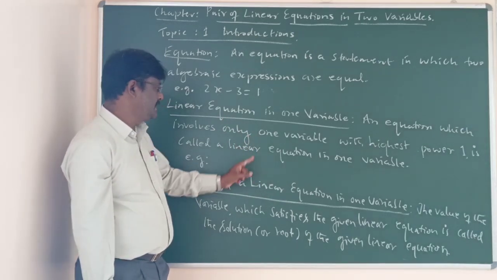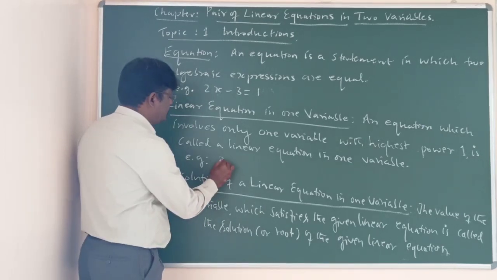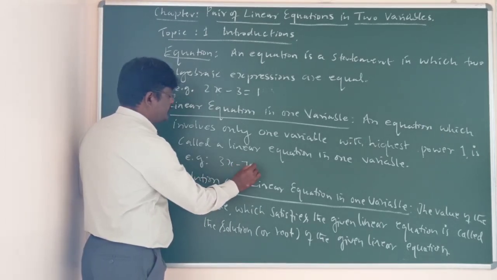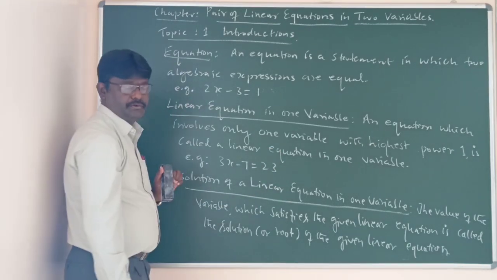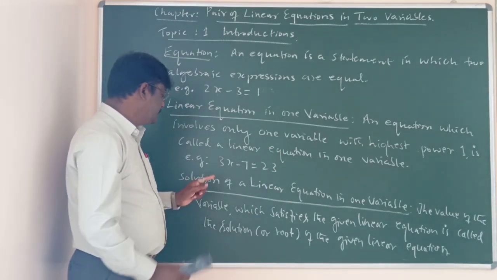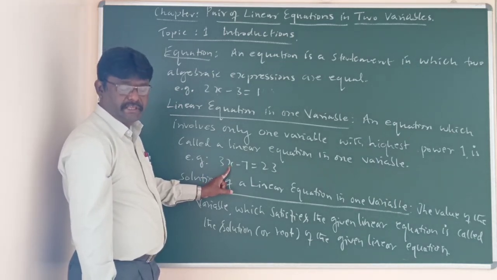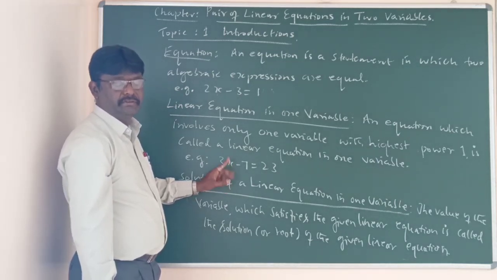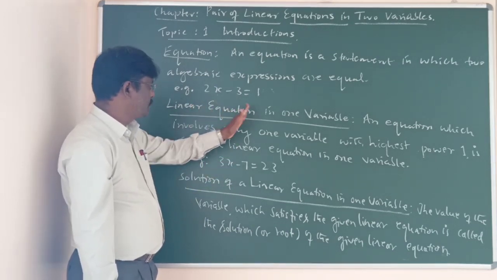Then we call it a linear equation in one variable. Simple example, say 3x minus 7 equal to 23. In this, which is the variable? x is the variable. What is its degree? 1, the highest power. We say linear equation in one variable.